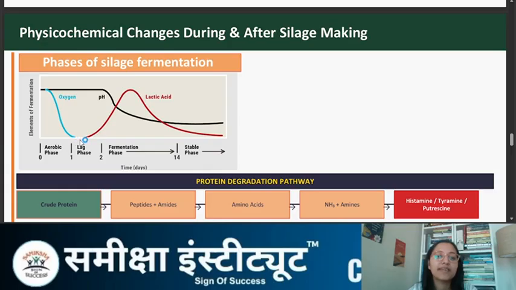Anaerobic fermentation begins and lactic acid production starts, which reduces pH. This is the fermentation stage. After pH reaches 4.0, stable conditions start forming. It will stabilize.